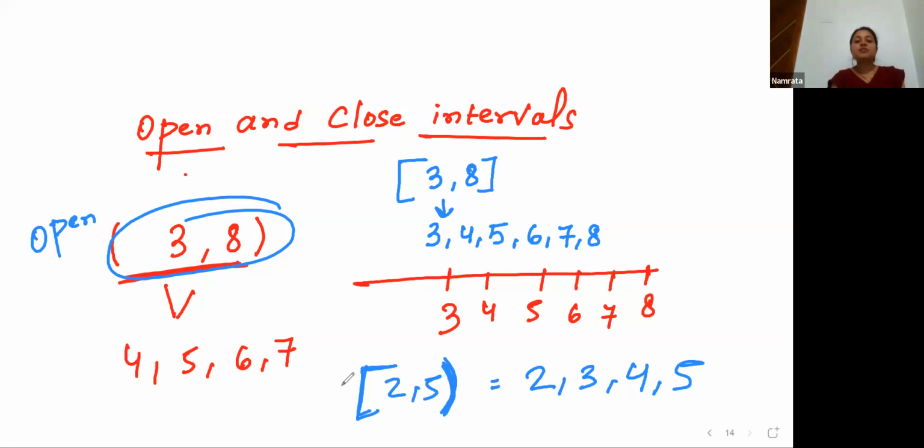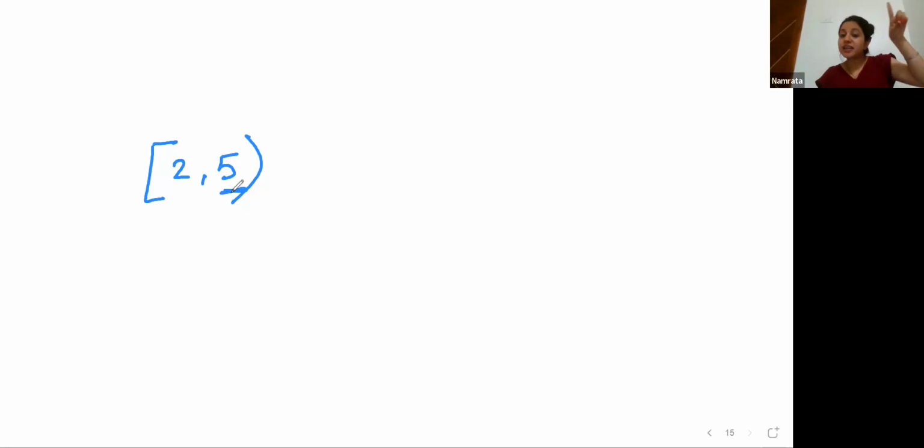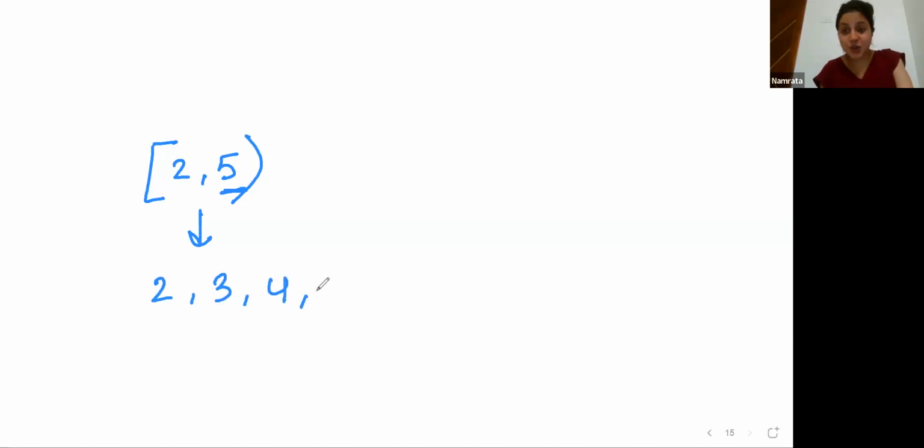Whenever we have 2 and 5, let's do it separately. Whenever we have 2 with a rectangular bracket and 5 with a smaller bracket, the smaller bracket represents that 5 is not included and the rectangular bracket represents that 2 is included. So the meaning of this is 2 is there, 3 is there, 4 is there, but 5 is not there. Why is 5 not there? Because of this smaller bracket.